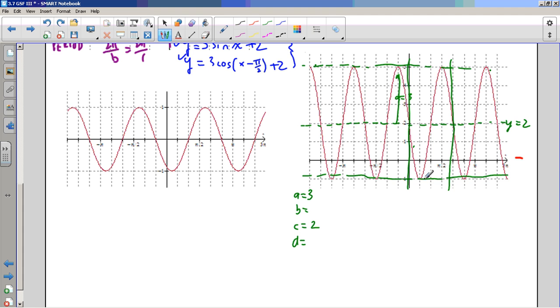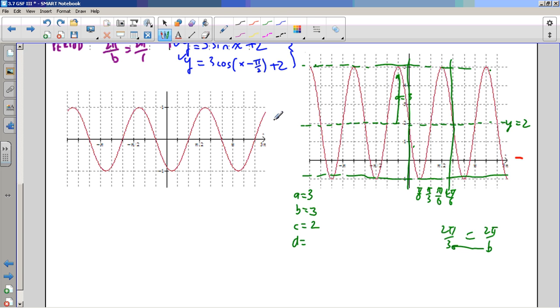Well, pi over 6, 2 pi over 6 is pi over 3, 3 pi over 6 is pi over 2. This is 4 pi over 6, 4 ticks, which is 2 pi over 3. And again, look at that. When I think of the B value as whatever goes into 2 pi, B is 3 here.